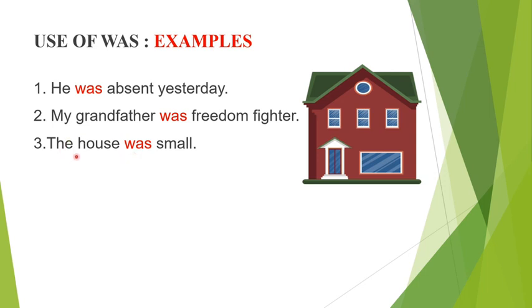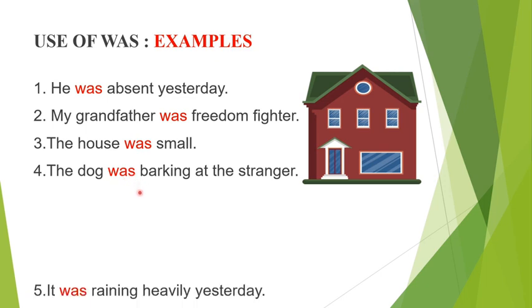So we will say the house was small. Then comes the dog was barking at the stranger. The dog. Only one dog we are talking about. So with one singular noun we are using was. The dog was barking at the stranger.